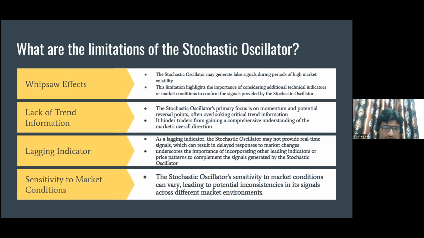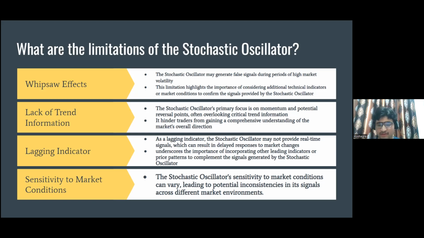Then the stochastic oscillator is a lagging indicator. It may not provide real-time signals, as there are delayed responses to market changes, and that's why we might need additional indicators so that we can have real-time analysis also. Now, the stochastic oscillator's sensitivity to market conditions can vary.